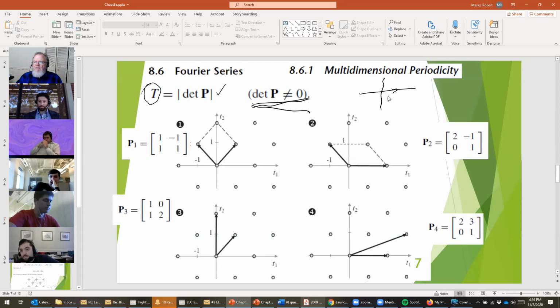Say this is P1. In 2 dimensions, if the determinant is equal to 0, that means that the 2 periodicity vectors are collinear, aren't they? So they're pointed in the same way. If we had P1 equal to P2, say we were replicating a circle.